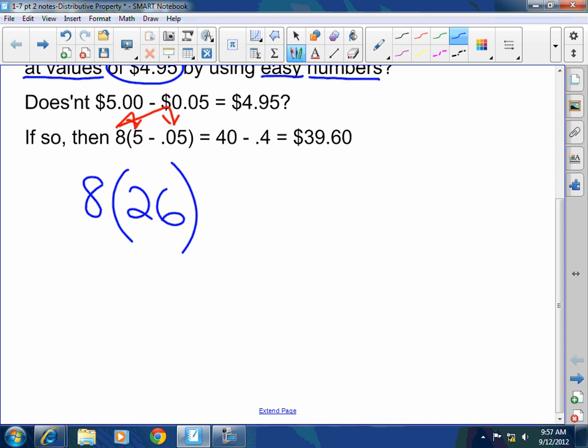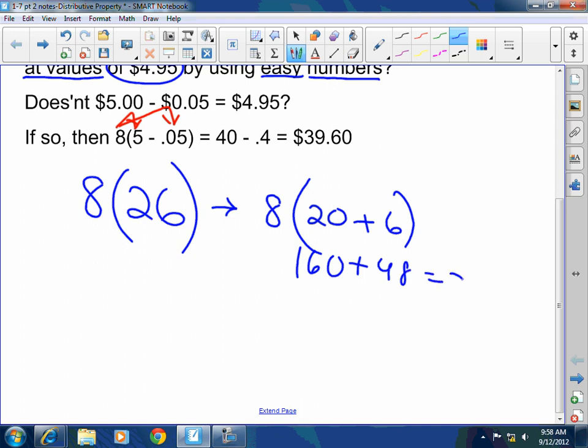How can I arrive at the value of 26 using easy numbers? 8 times 20 plus 6. Excellent. That's what I'm talking about. Awesome. So now I can do this mentally. 8 times 20 is 160 plus 48. That's 208. That's how I do that.